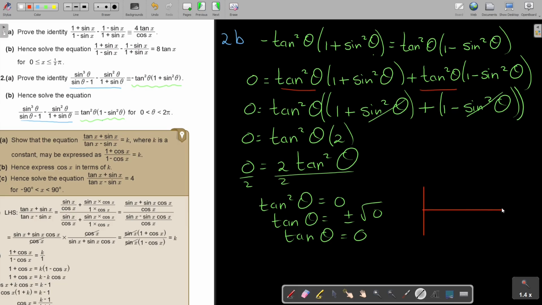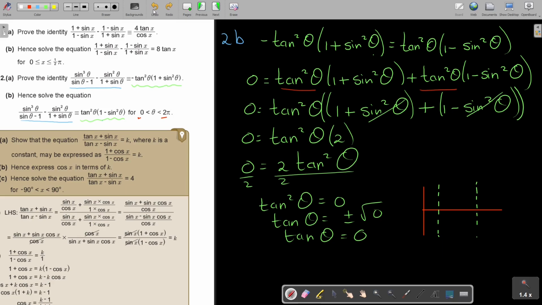Now, if you look at the tan graph, don't forget that 0 is not included and 2 pi is also not included. So if I'm drawing, I'm just going to quickly put another line there. It's always good to recall the graphs. It's going to help you. So this is going to be the graph from 0 there.